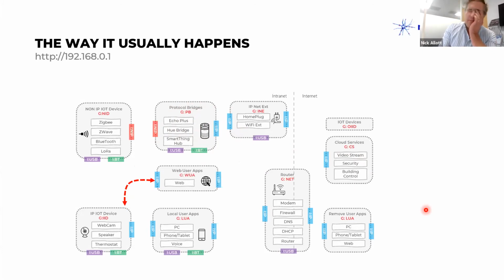But, and this is my big bugbear at the moment, and I keep going on about it, and I want someone to tell me that I don't have to worry about it. The reality is, the way it really happens at the moment is you get your device, and it encourages you to open a browser and go to the IP address.